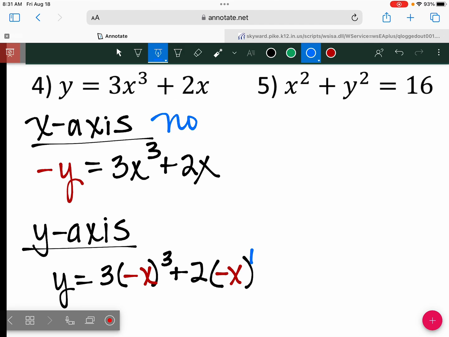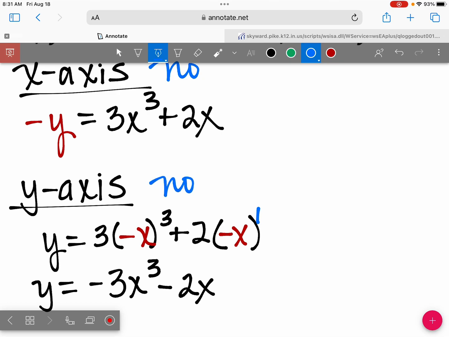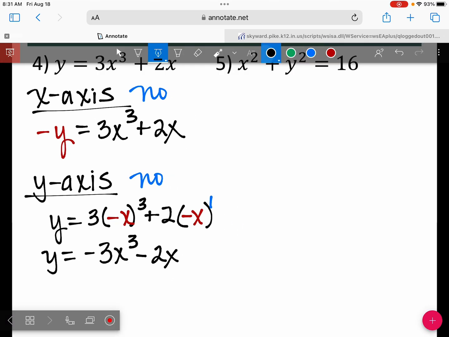So because they're odd, it's not going to switch back to positive. So this is actually going to simplify down to y equals negative 3x cubed minus 2x, which is not a match, so that is a no. And because they're both no, we automatically know that origin is also a no. So there is no symmetry in this graph.